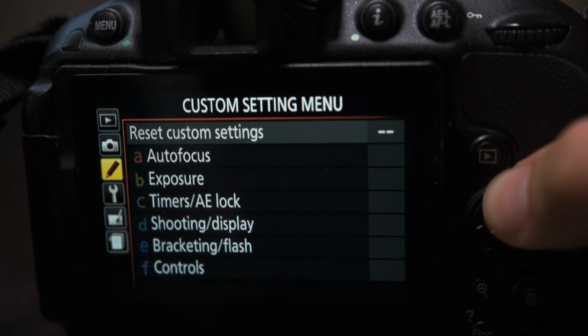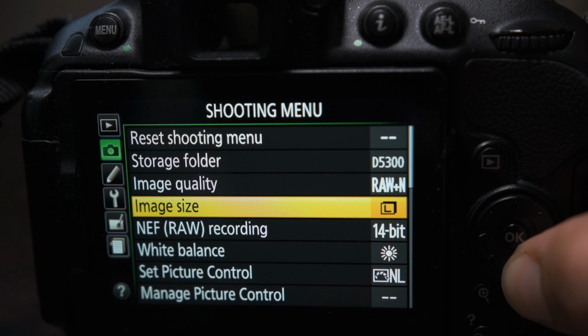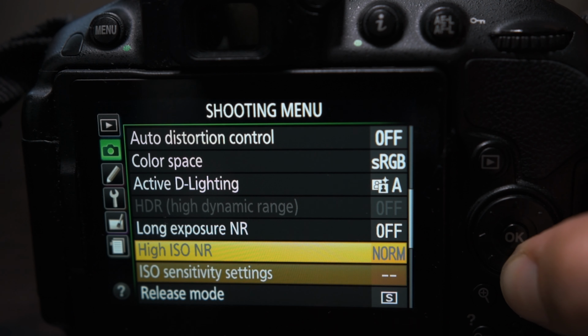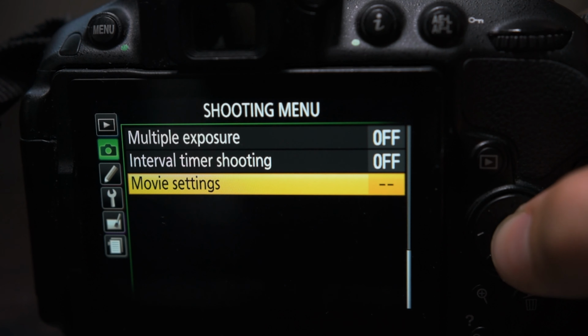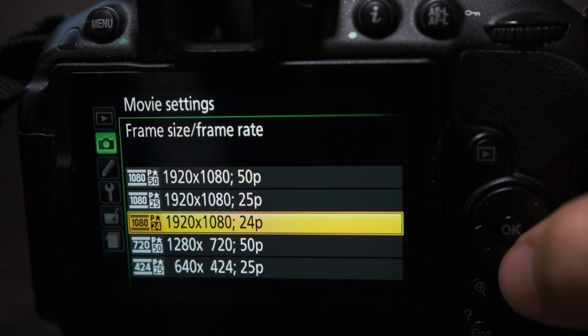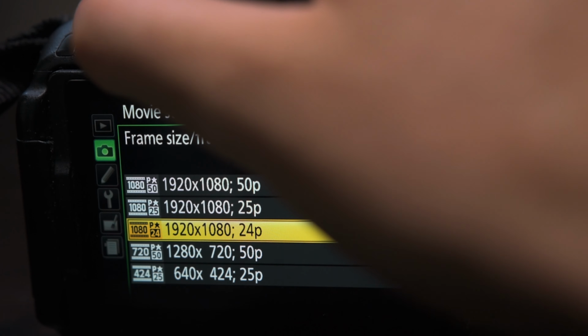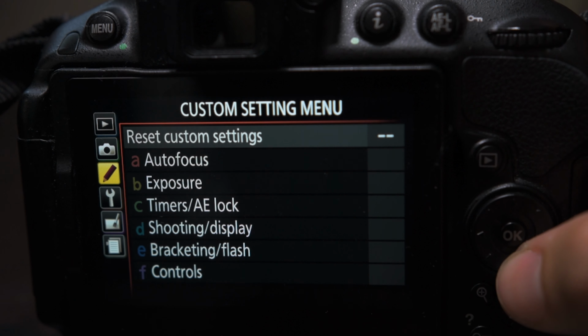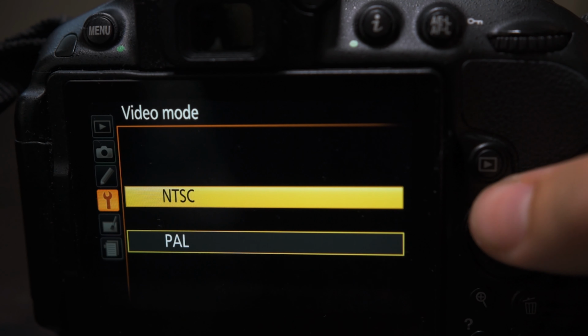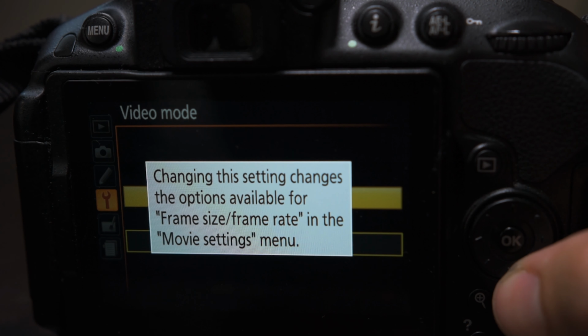Those of you who don't know, I'll briefly go over them. PAL is basically the European standard, and some other countries as well, for frame rates when you broadcast television. So it breaks those frame rates up into separate menus, and then it does the same for NTSC, which is the more American version.